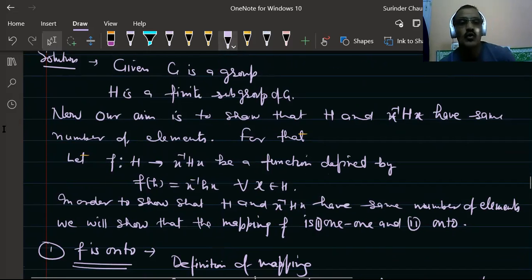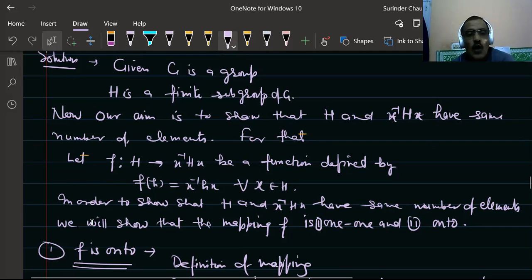For that, what do we have to do? We have to show that we have a mapping from H to X inverse Hx. Let's suppose that f is a mapping from H to X inverse Hx, defined by f of h is equal to x inverse hx for all h belongs to H. Now, how do you prove this result?